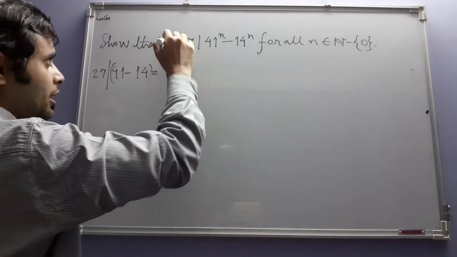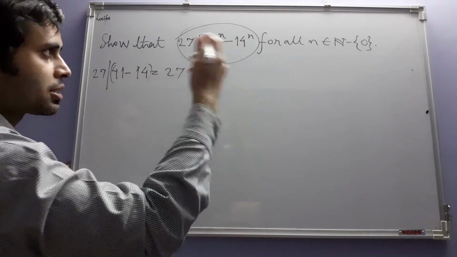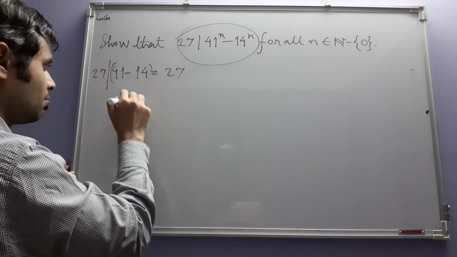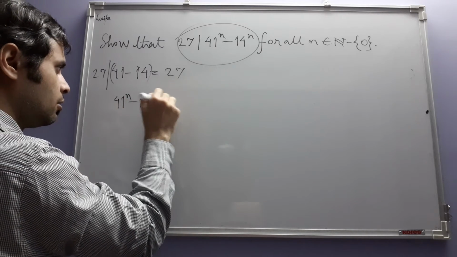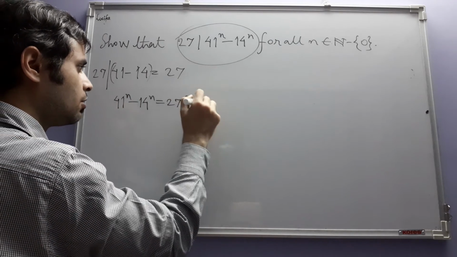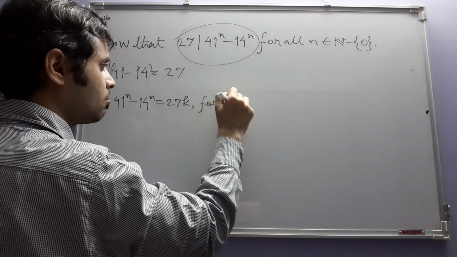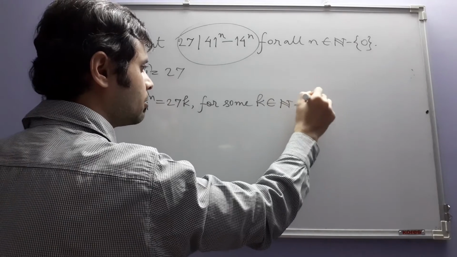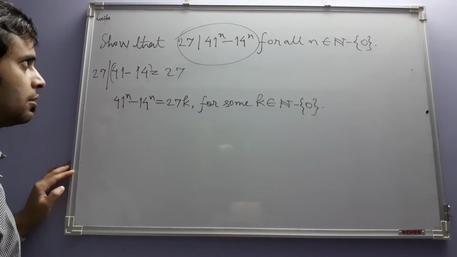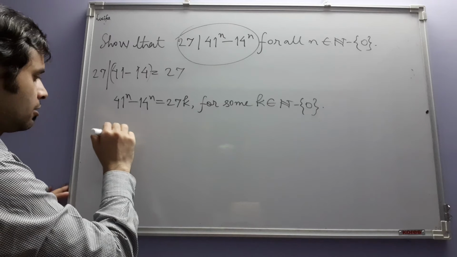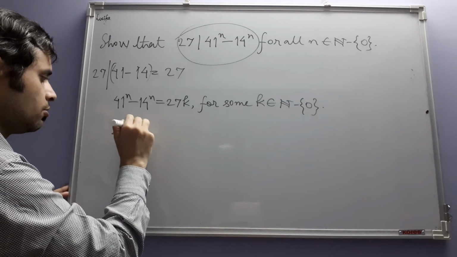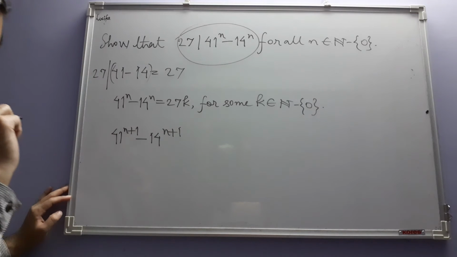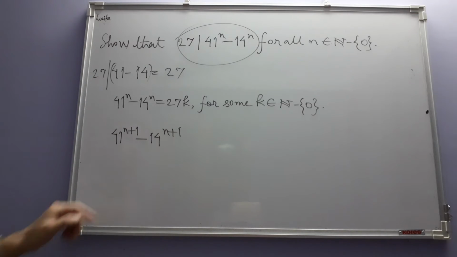Next we assume that 27 divides this for some n, which means 41 to the power n minus 14 to the power n is 27k for some k in the set of all positive integers. We then have to show that this is also divisible by 27. So we work with this one.